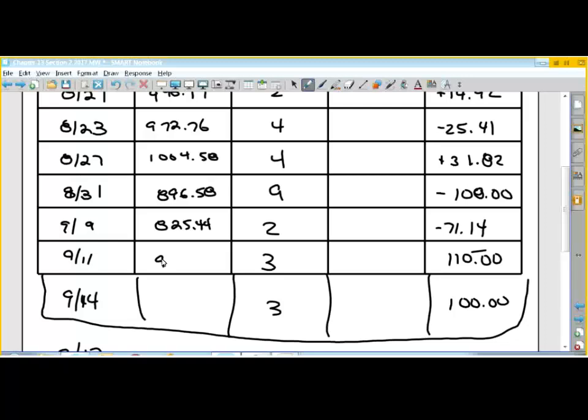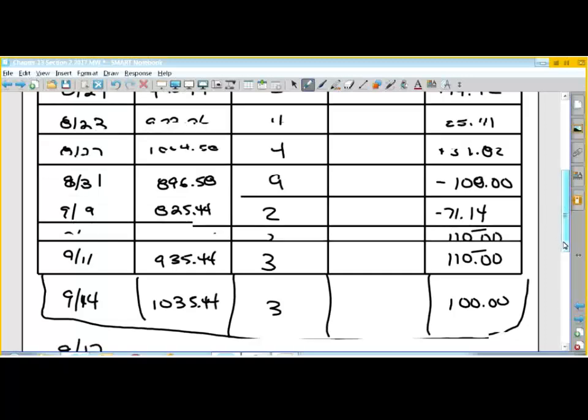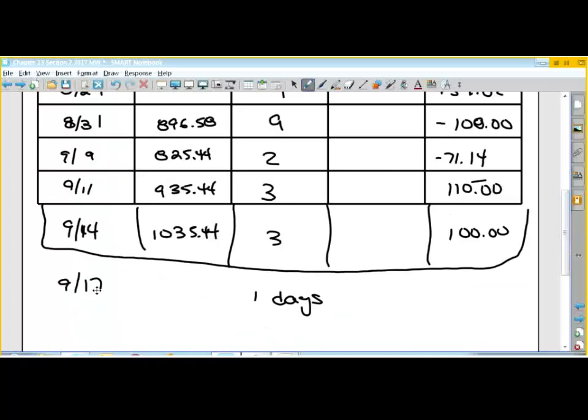Then I buy something for $110, so my balance is back up to $935.44, and then I do another $100, and I get $1,035.44.